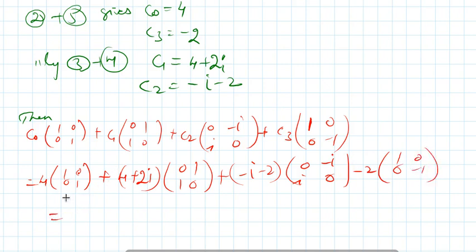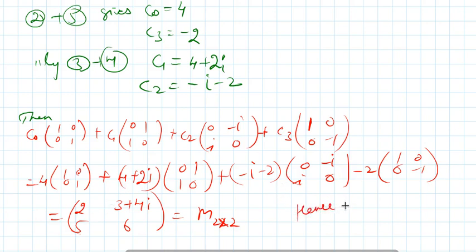If I simplify this, it can be written as [2, 3 + 4i; 5, 6], and this is nothing but the given 2 by 2 matrix M. Hence it is verified.